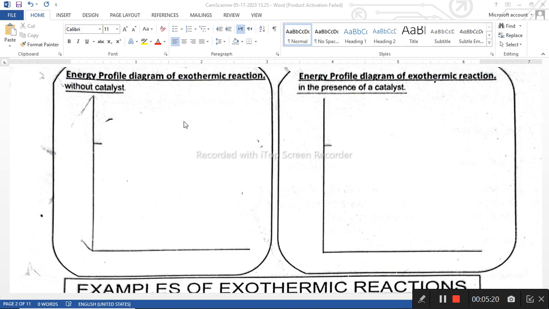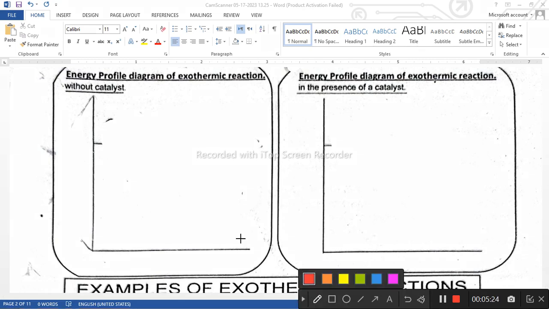Okay, so as we studied right now, in exothermic reactions we have reactants at the top. I am representing reactants with R, and it goes like this, and here we have products. I am representing products with P. Okay, so here we have enthalpy change.